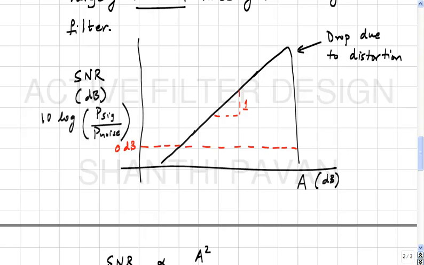As I said, this choice of 0 dB is quite arbitrary and is just a standard choice, and everybody just follows this as convention. Therefore, there is a minimum level of signal below which the output of the filter just makes no sense.